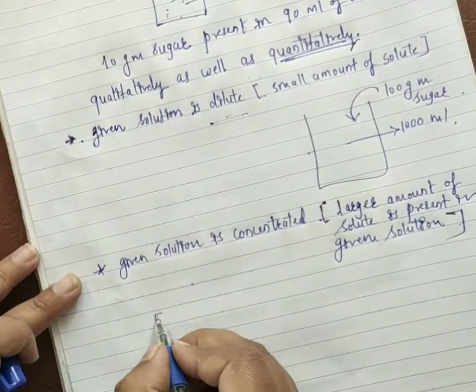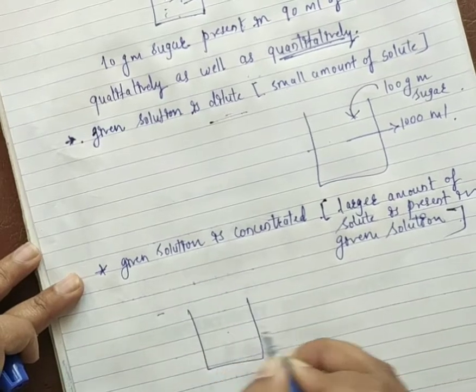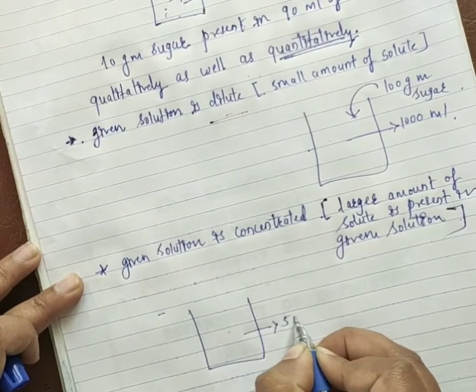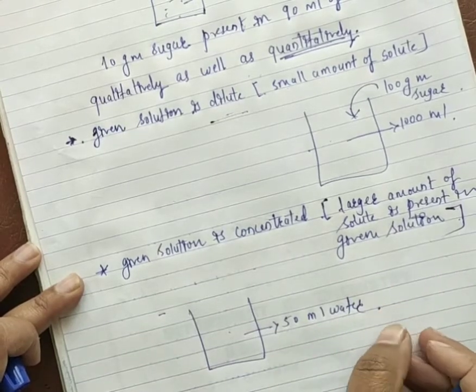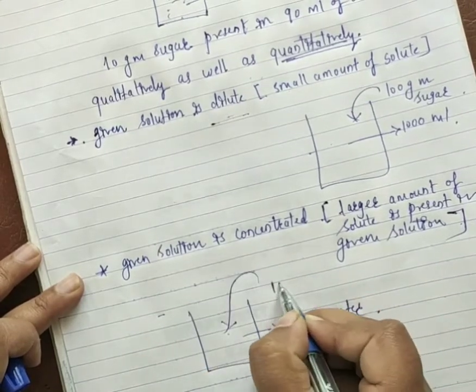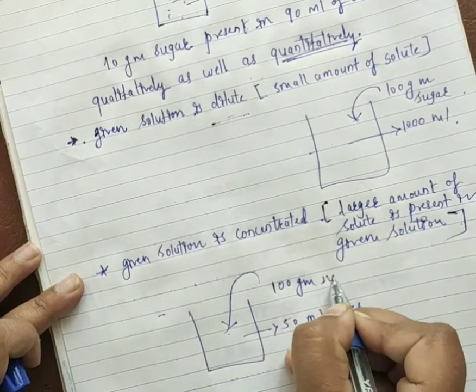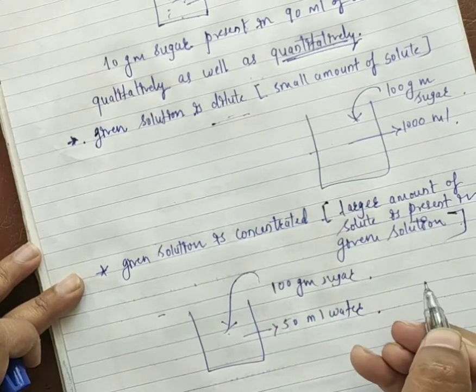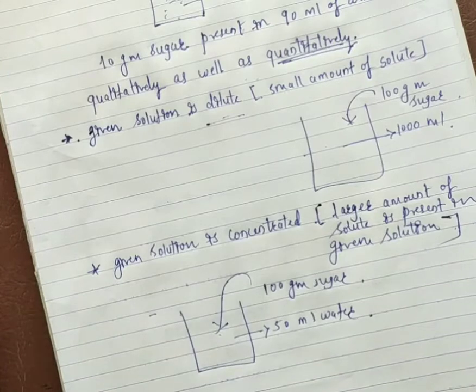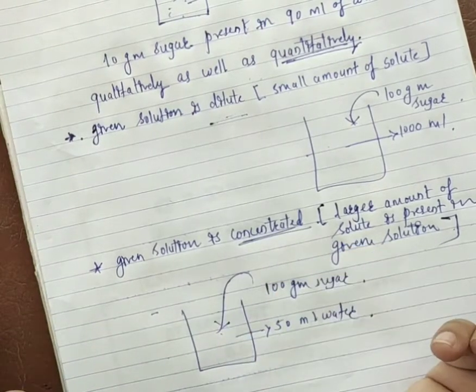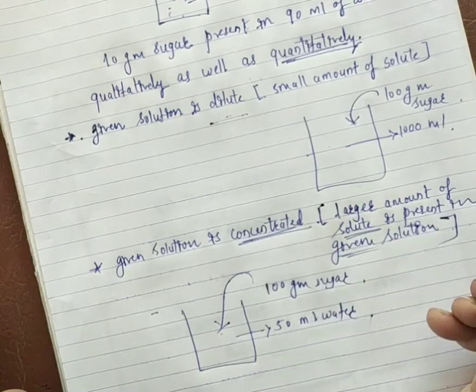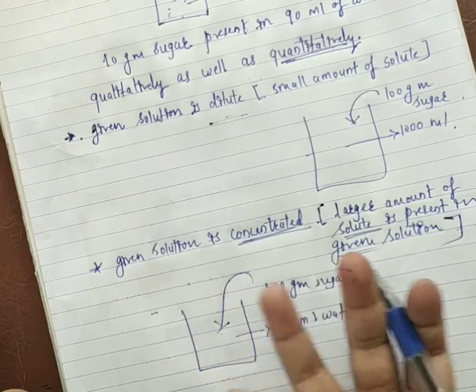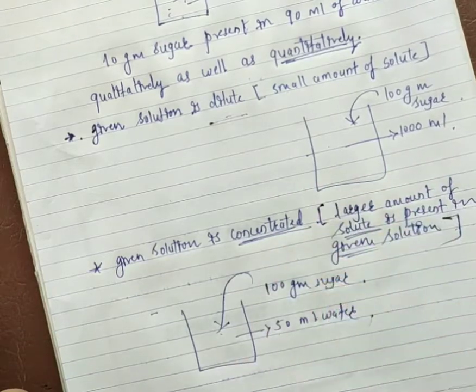If I take 50 ml of water and add 100 gram sugar, whatever solution is formed will be very concentrated, because we have a large quantity of solute there.